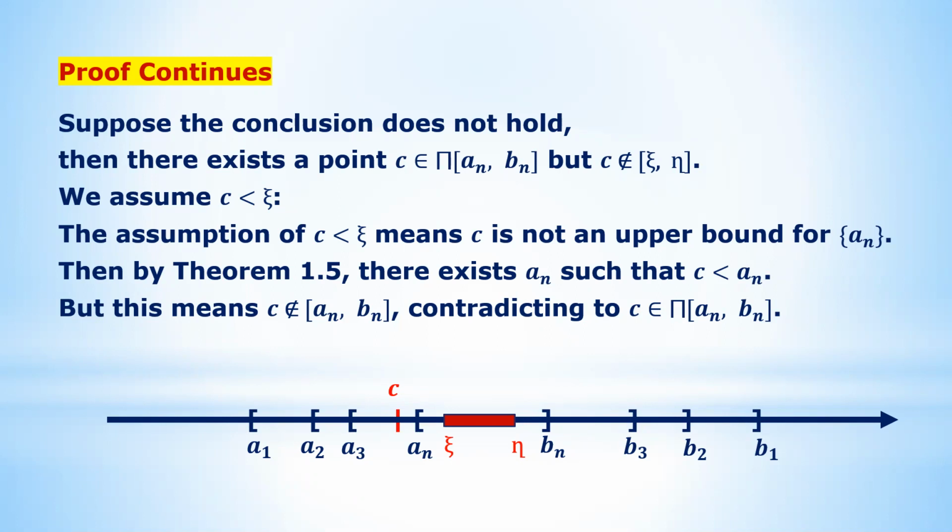So this will contradict the choice that c is coming from the intersection. That's a contradiction. So that's the proof. We assume the opposite, then we get a contradiction, and that's the result we get.